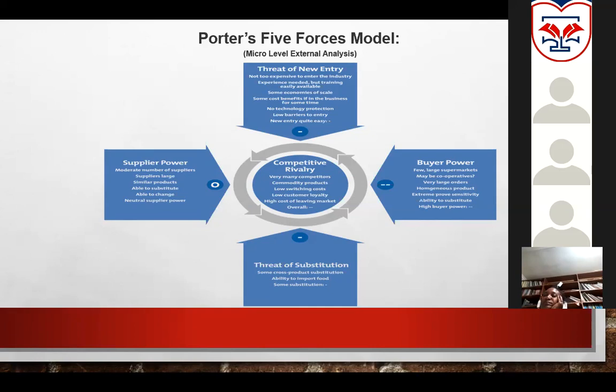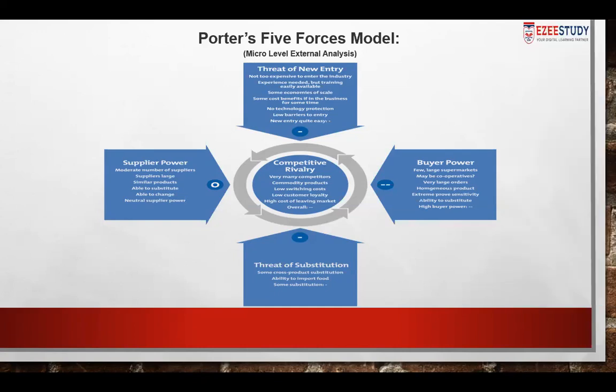The last is the competitive rivalry. You also have to analyze the type of rivalry that the existing competitors have in the industry. It's again very important. If there's a peace and harmony between the competitors and they have formed cartels, and you know that they don't enter into price wars, then the strategy that you will design will be different.